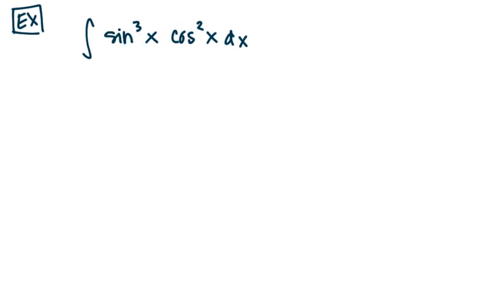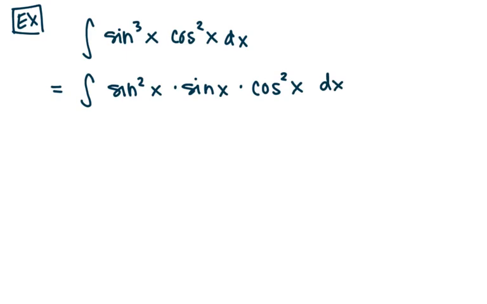So what I will do here is unmultiply this. I want sine squared, and sine cubed is equal to sine squared times sine. So I can say this is the same as sine squared x times sine of x times cosine squared x dx.